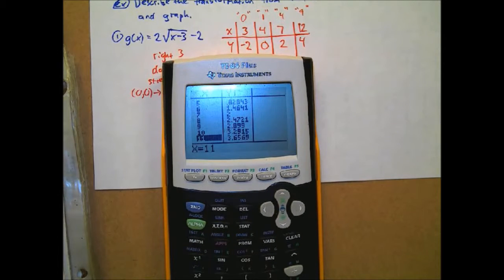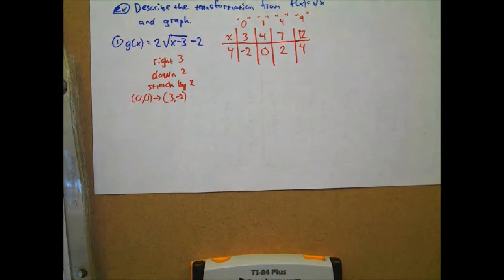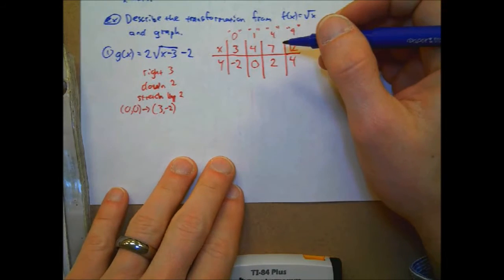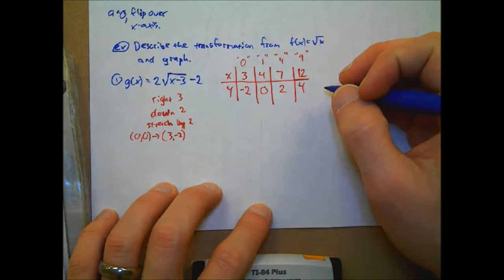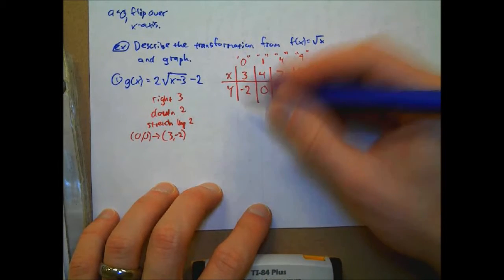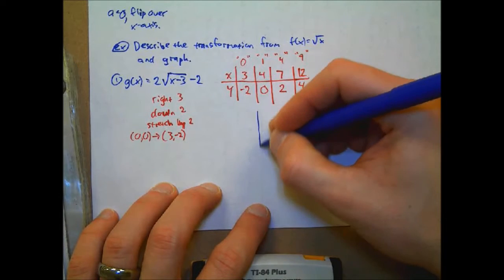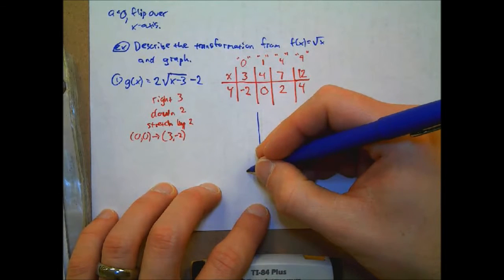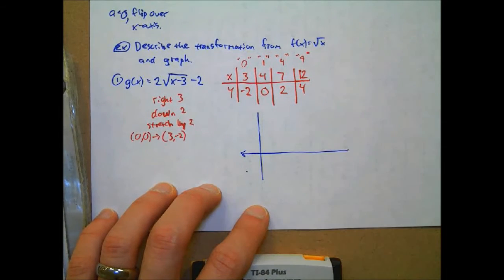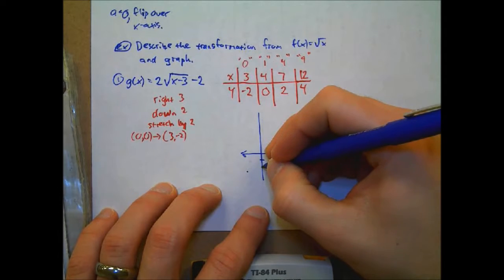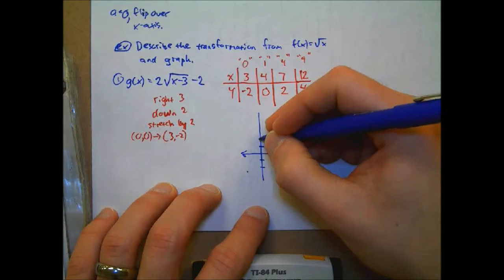So, let's sketch the graph of this. Okay, so we'll sketch the graph here. So negative 1, negative 2. 1, 2, 3, and 4.